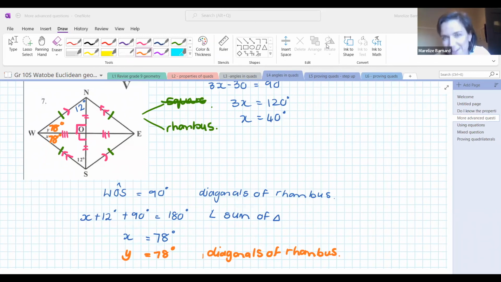Jennifer says he was off by a long shot. Okay, Komotso, again, there are different ways of doing it. There are so many different ways of doing it, as long as you got those answers and as long as you got some good reasons, like the diagonals of a rhombus, angle sum of a triangle, the fact that the diagonals bisect at 90 degrees, etc. Okay.